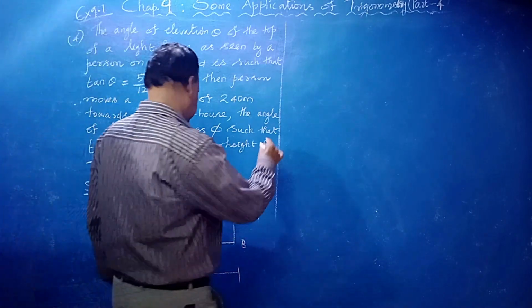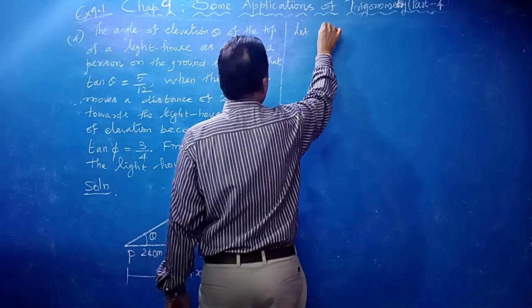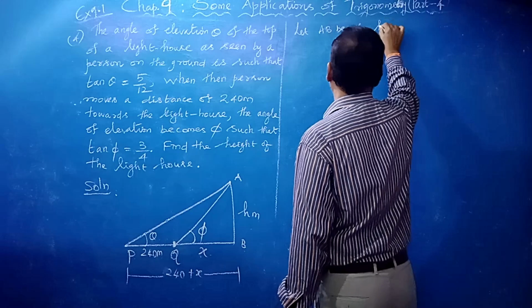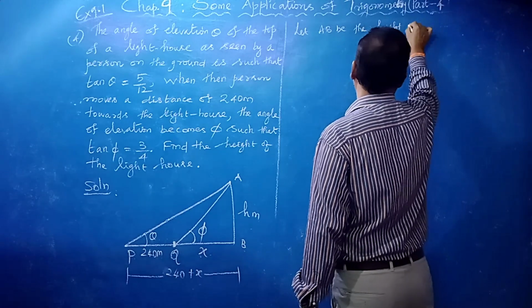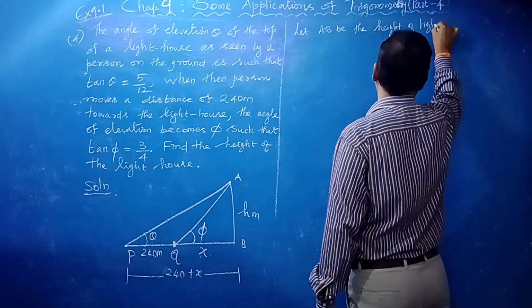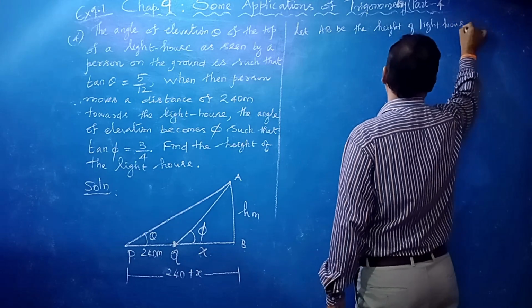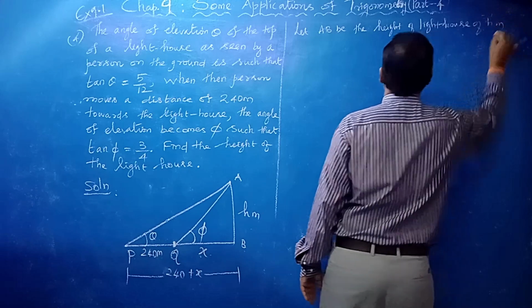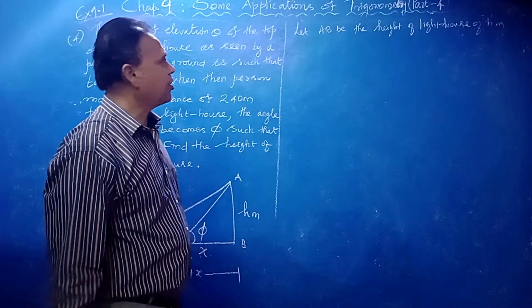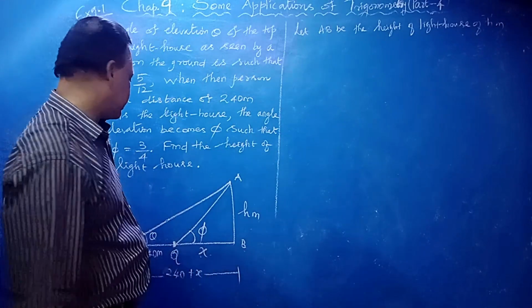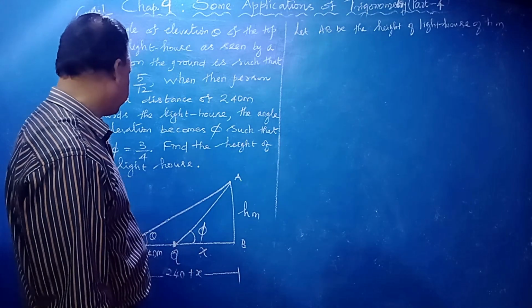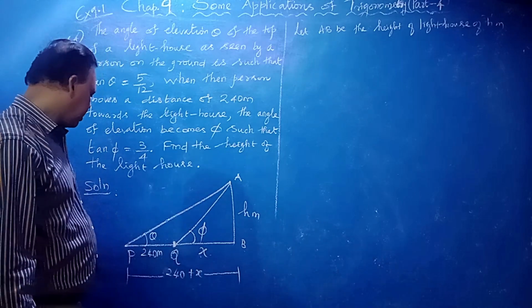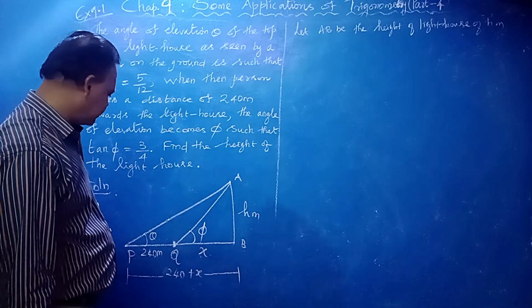Now you write letter AB be the height of lighthouse of H meter, and P is on the ground. Clear?